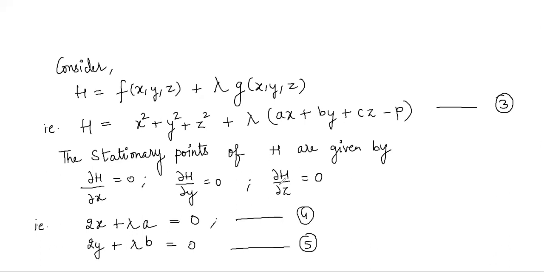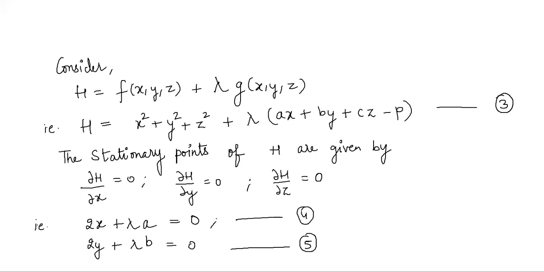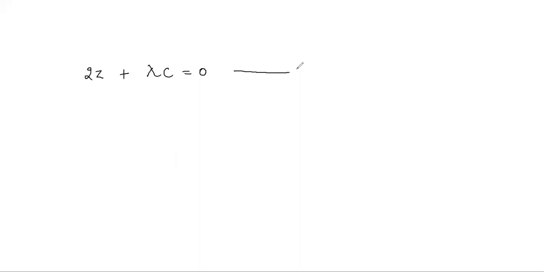When we consider the third partial derivative, with respect to z, we will get 2z plus lambda c equal to 0, and let us name this equation 6.